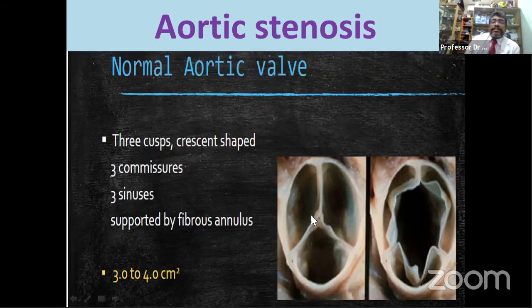So diastole is the closed form and systole is the opening form. There are 3 commissures and 3 sinuses, supported by a fibrous annulus. What is the area of the aortic valve? Usually 3 to 4 centimeters square. This is the normal aortic valve area.